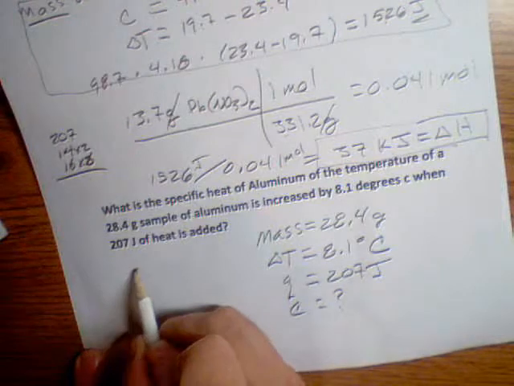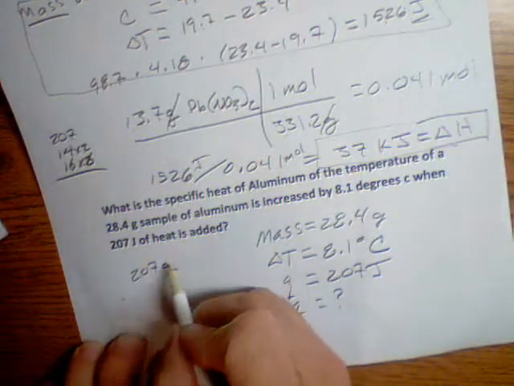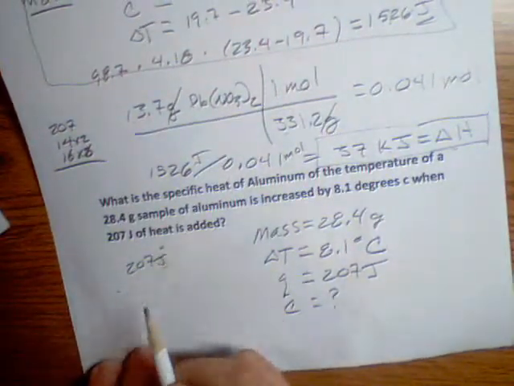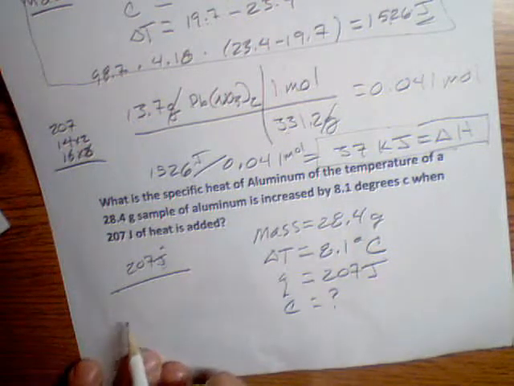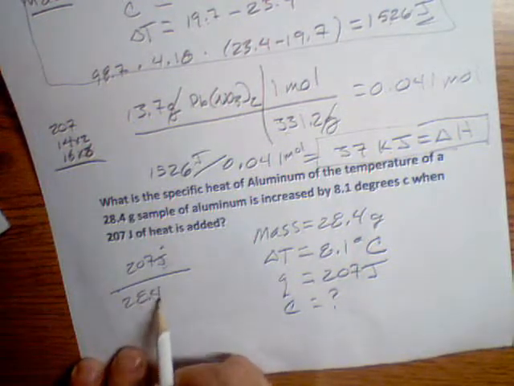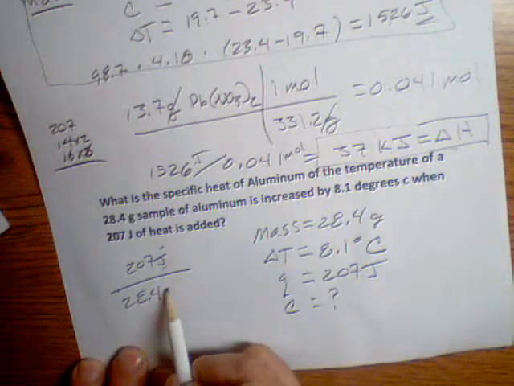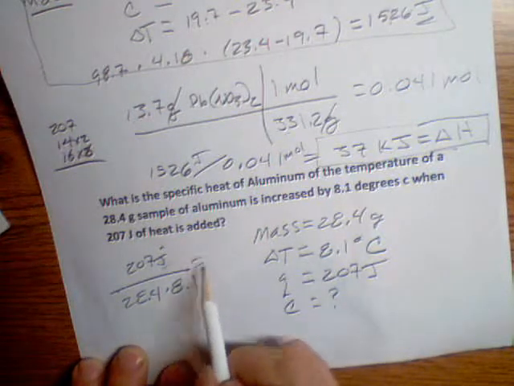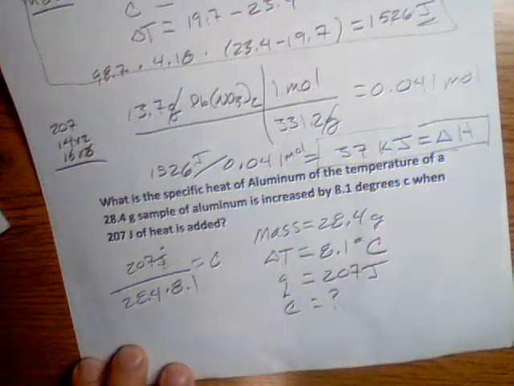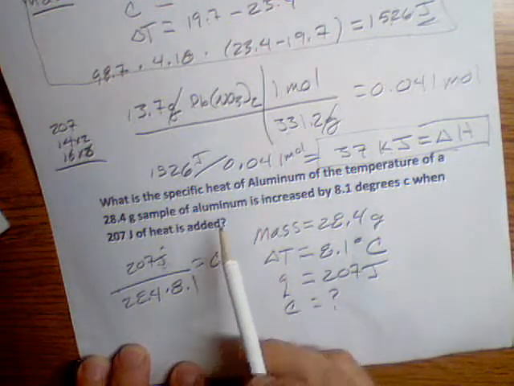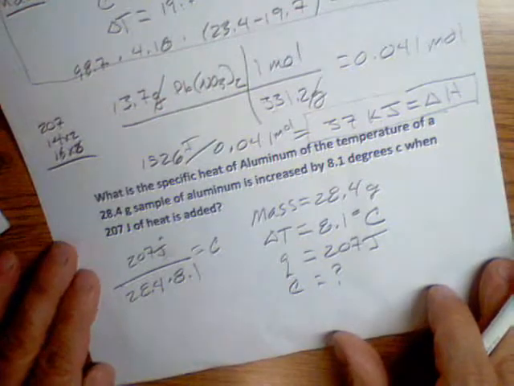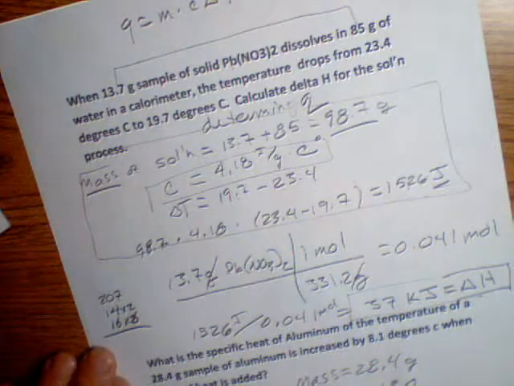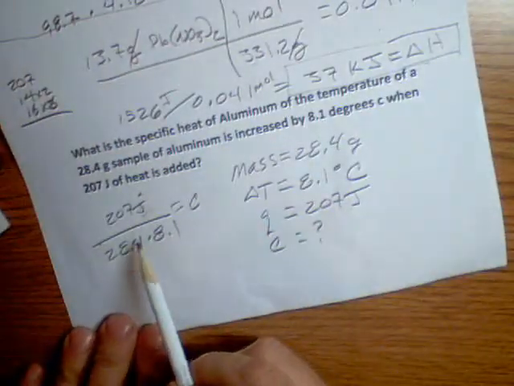So if we just take the 207, my apologies, those are of course joules, and we divide that by our mass, which is 28.4 grams, times the change in temperature, then that will give us the specific heat, which is unique for all materials. This will be only the specific heat for aluminum. Here's the specific heat for water. Okay. This is just for aluminum.